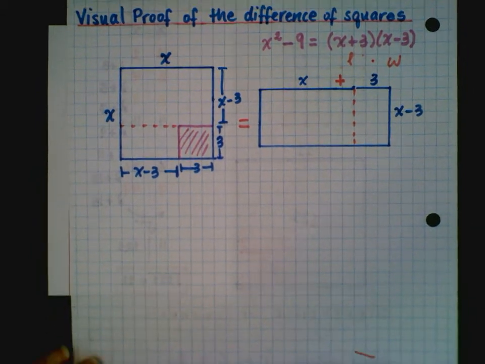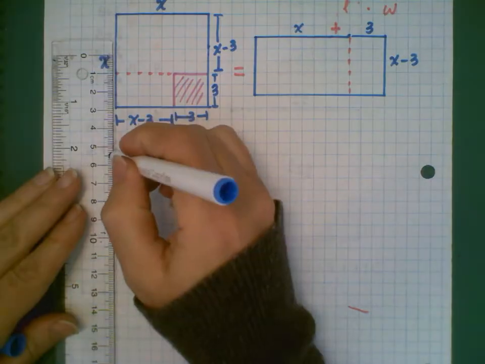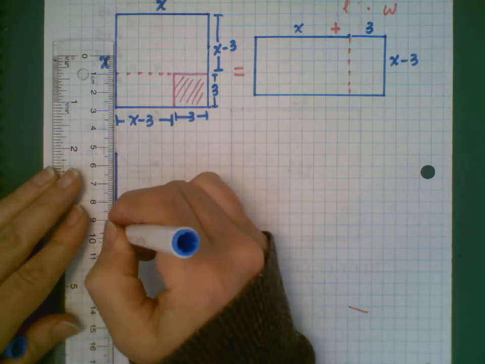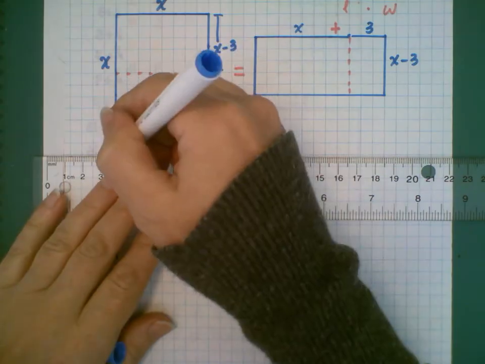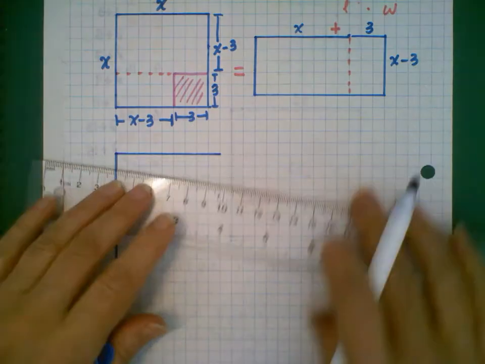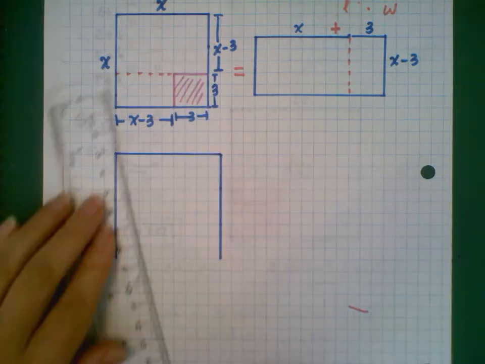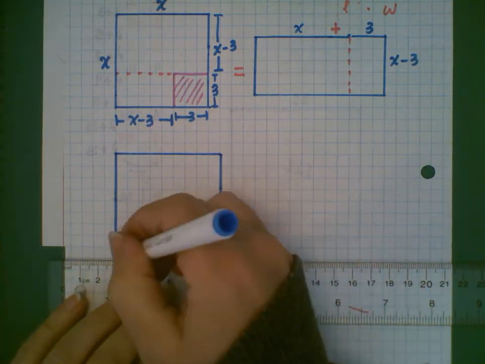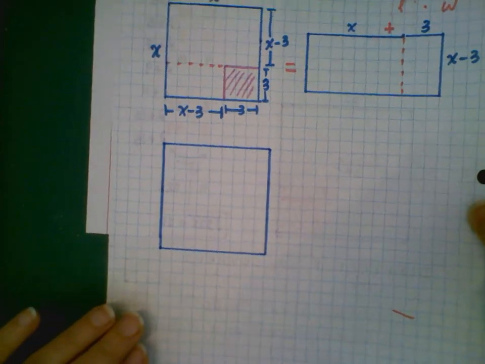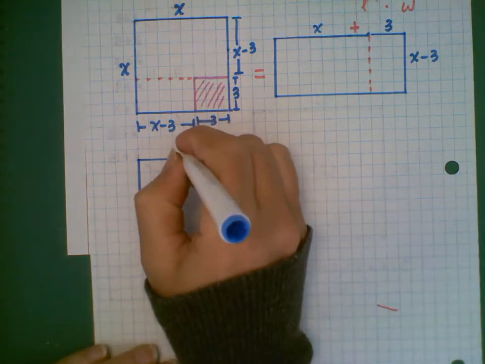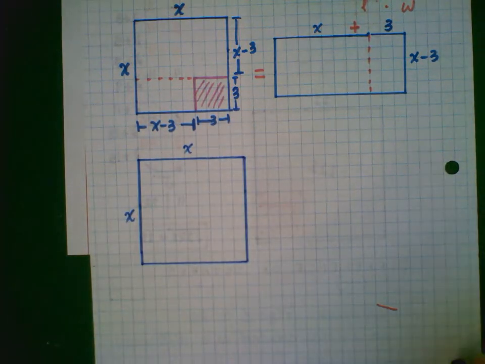Let's do one more. Okay, this time, again, the x will have a different value. Because it's a variable, it can do that.